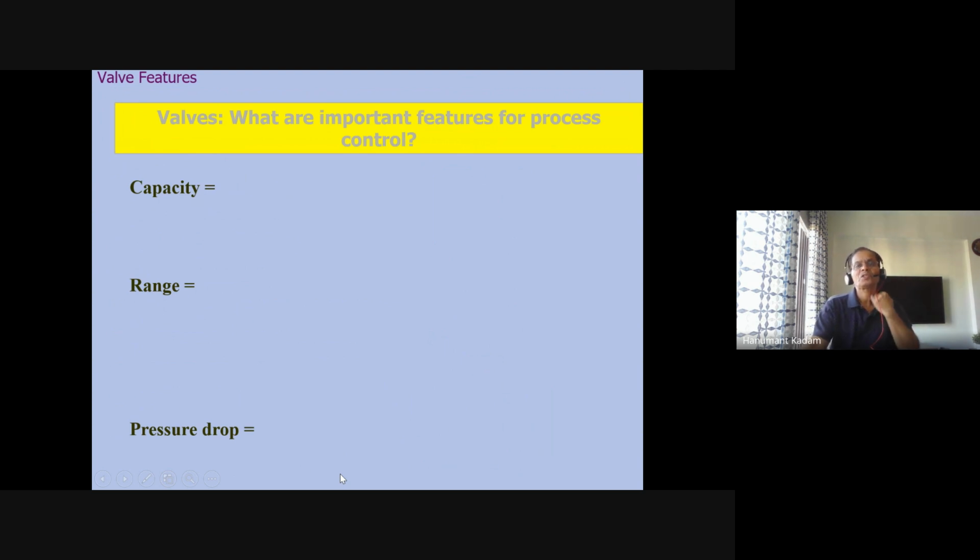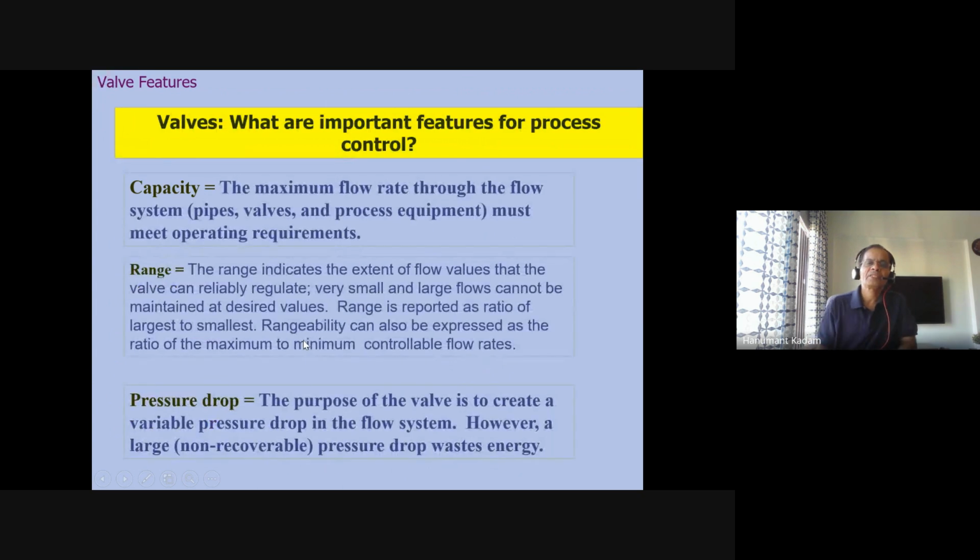So valve features, capacity. Capacity, as I told, is related to Cv. It is the maximum flow rate through the flow system; pipes, valves and process equipment must meet operating requirements. Range indicates the minimum and maximum, and what your average is. It indicates the extent of flow values that the valve can reliably regulate.